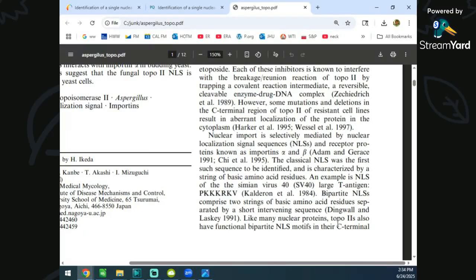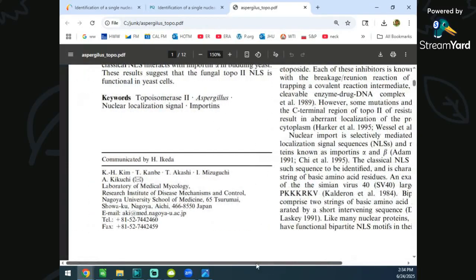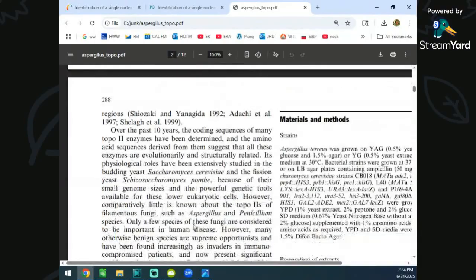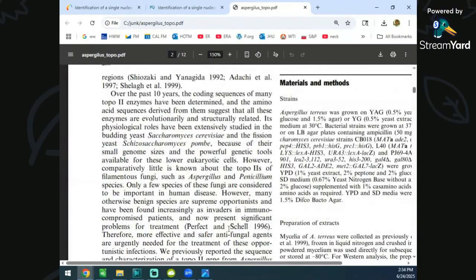Bipartite nuclear localization signals comprise two strings of basic amino acid residues separated by a short intervening sequence. Like many nuclear proteins, topo-2 also has functional bipartite nuclear localization signal motifs in its C-terminal regions.